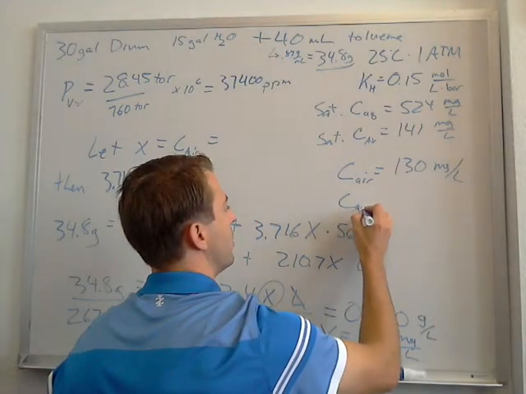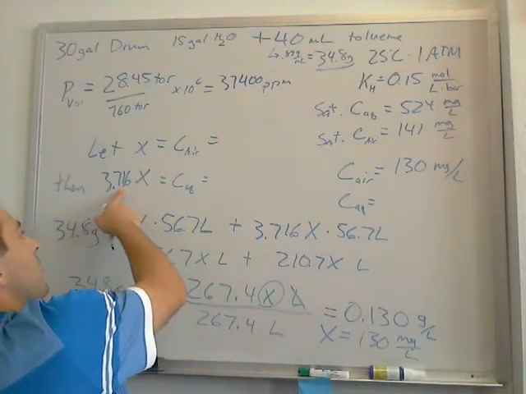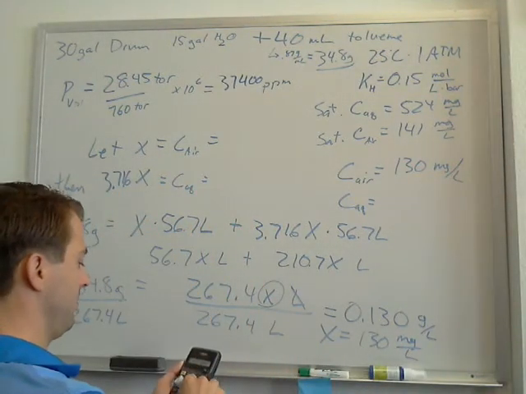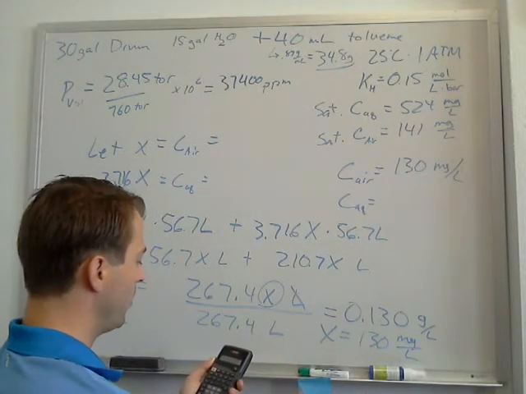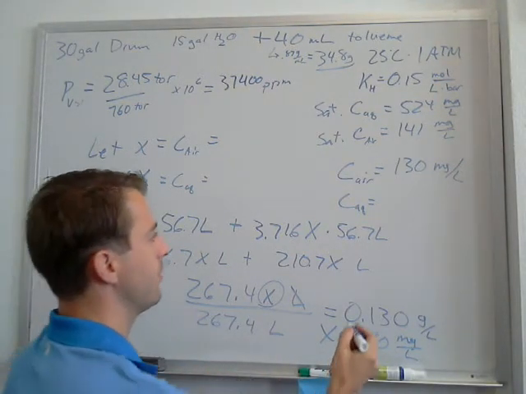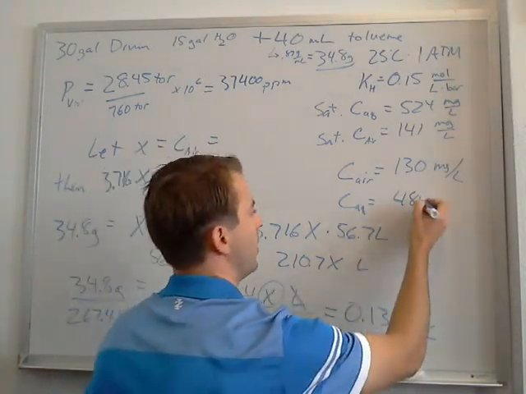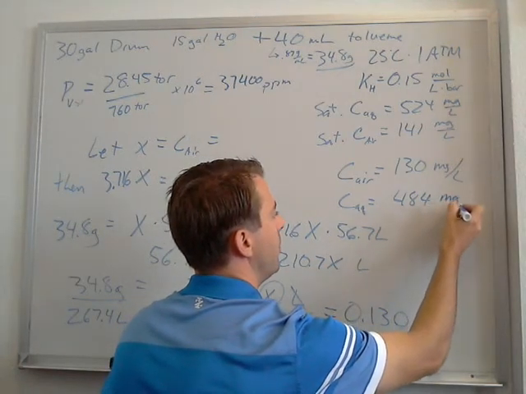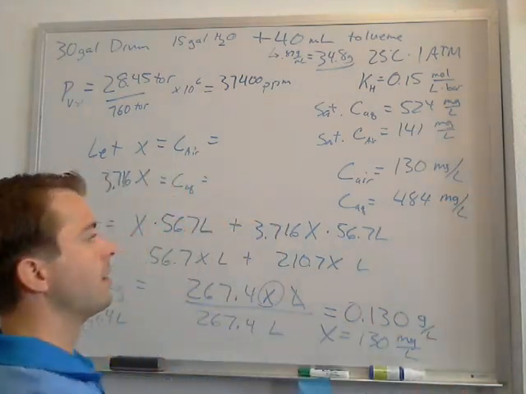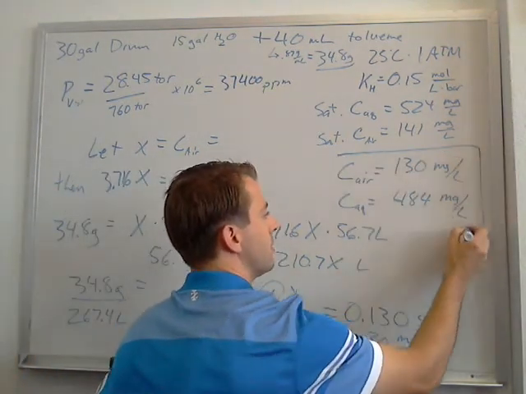Our concentration aqueous is equal to 3.716 times that, 484 milligrams per liter. All right, and so that's how we solve it. This will be our answer.